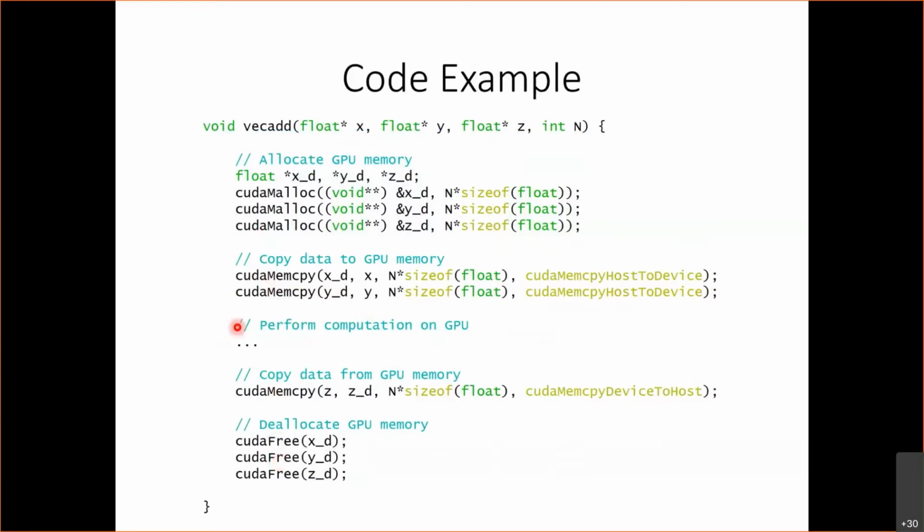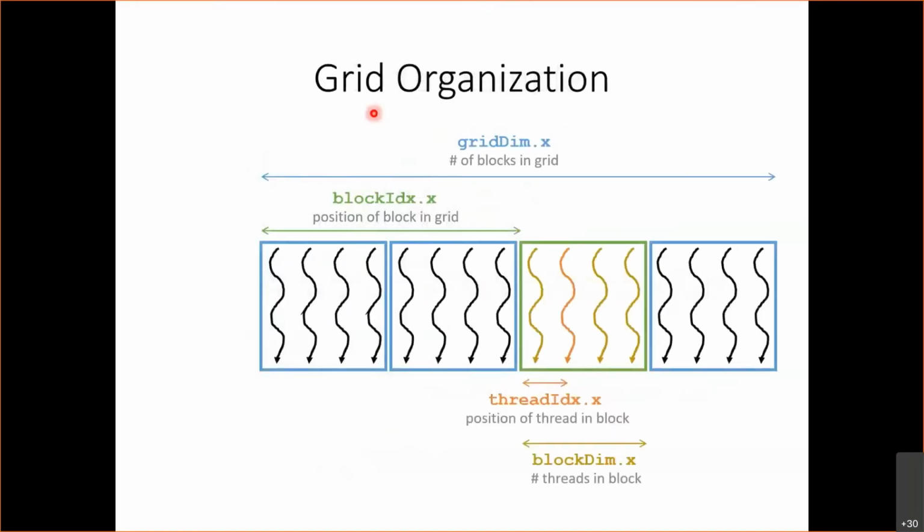The remaining part was to run many threads on the GPU to perform the operation. To do that, we saw how CUDA grids are organized into blocks. A grid is an array of threads, but these threads are organized into blocks.